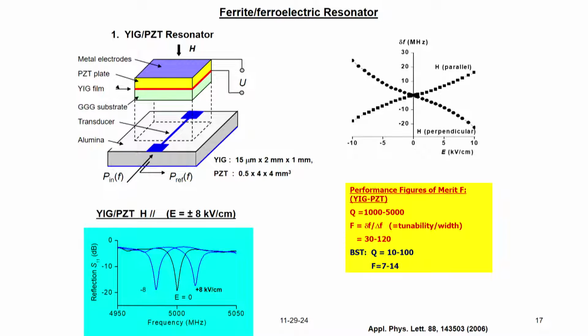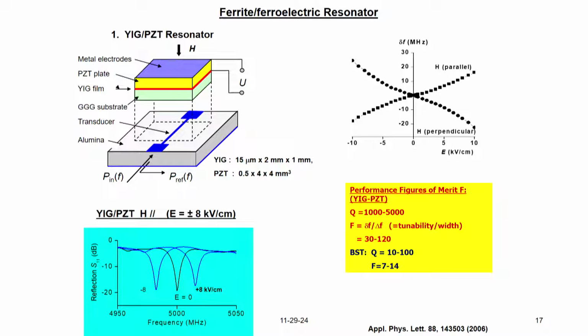So, there is a dip in the profile. Then you apply a voltage across the PZT, and depending on the polarity of the electric field, there is a shift in the FMR profile to either higher or lower frequency. Then you plot the shift as a function of the applied electric field.